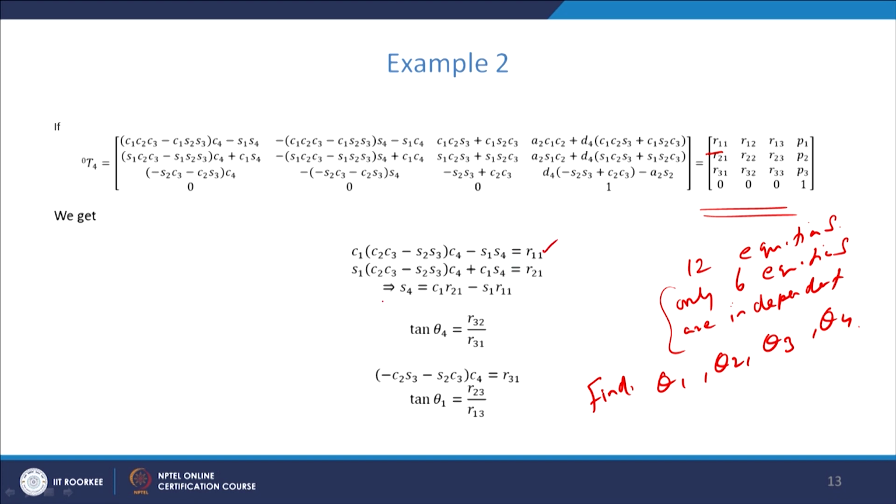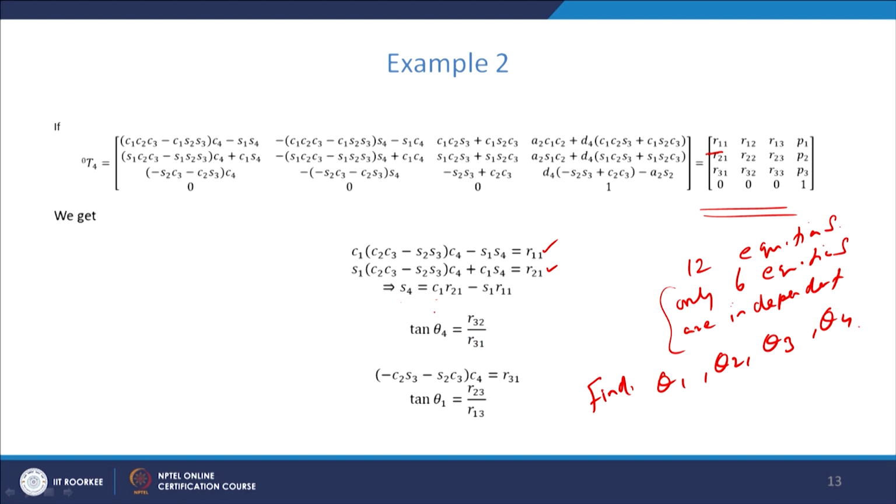That is R11. Similarly, R21. Now, if you multiply the first equation with S1 and the second equation with C1 and then subtract, we get sin theta 4 equal to this expression.